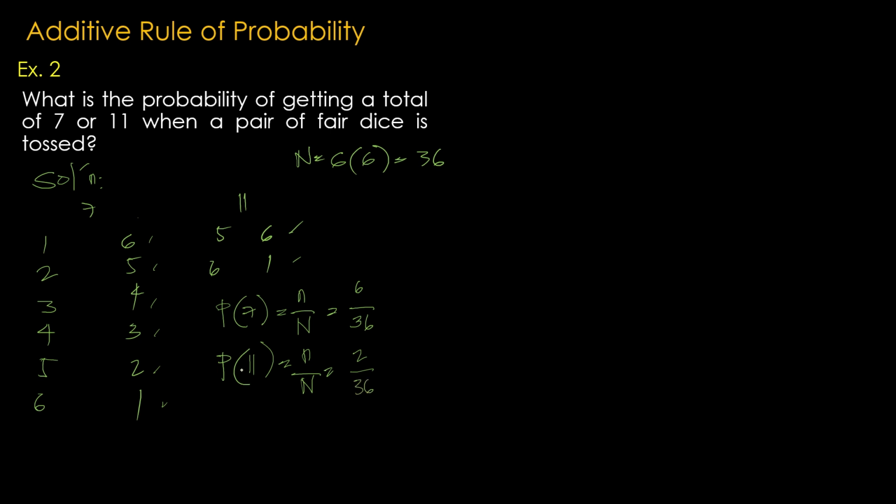If we add these two, because this is a union, the probability of getting 7 or 11 is the sum of the probability of 7 plus the probability of 11. That would be 6 over 36 plus 2 over 36, which is 8 over 36. Can we write this in simpler form? We can have 2 over 9.